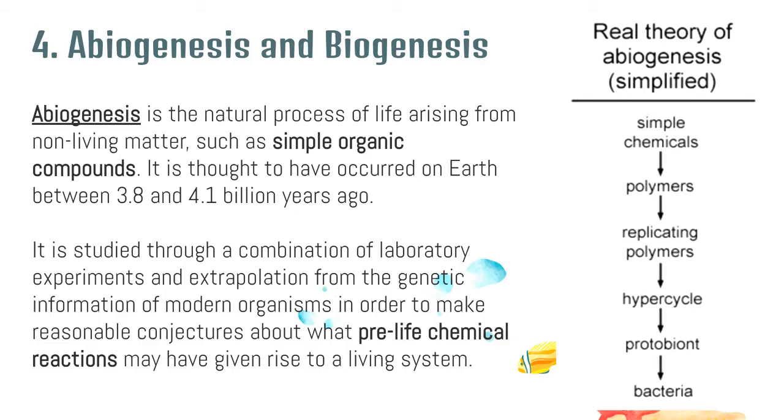Abiogenesis is studied through a combination of laboratory experiments and extrapolation from genetic information of modern organisms, in order to make reasonable conjectures about how, when there were just simple molecules, pre-life chemical reactions may have given rise to a living system. So this is scientific. Abiogenesis is a scientific explanation that is continuously being tested and studied as we speak.